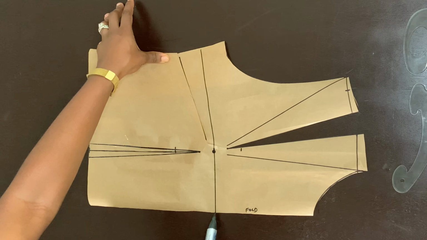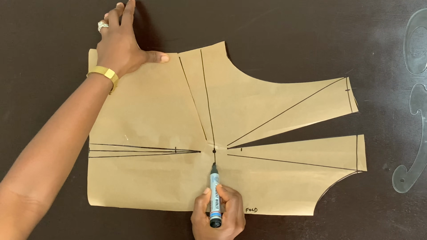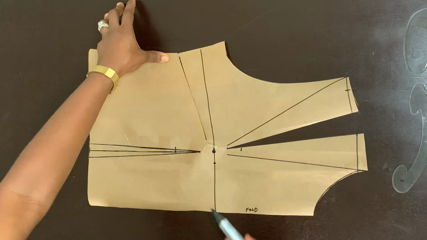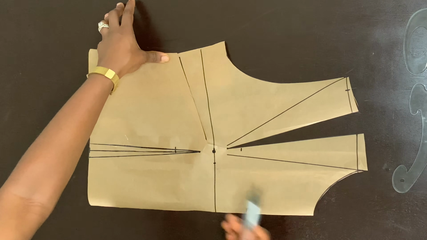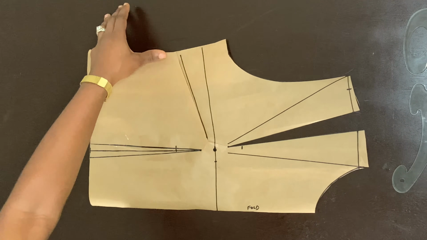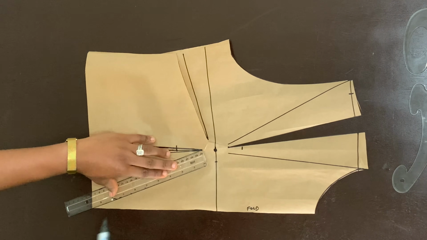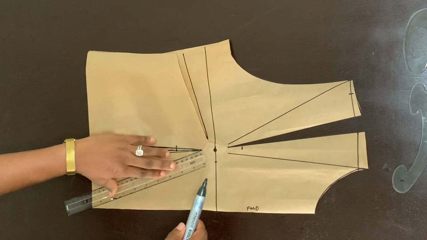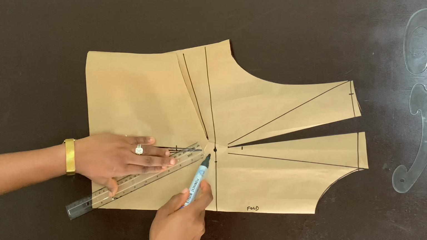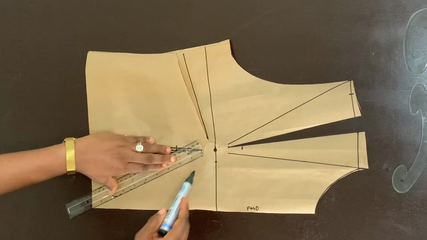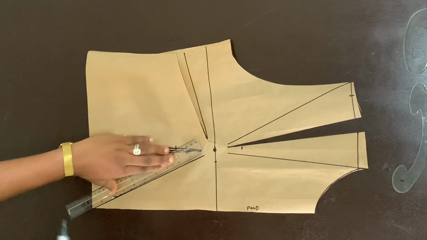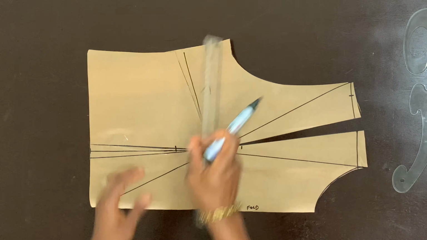And so you can have a dart that goes from here and stops just at the 1 inch mark before this point. You can have a dart that will go in like this as well. You can have a dart that will go from the waist all the way upwards like this. From the center front there, you can have it pointing upwards towards that point there. You can have a dart basically that goes anywhere, guys.